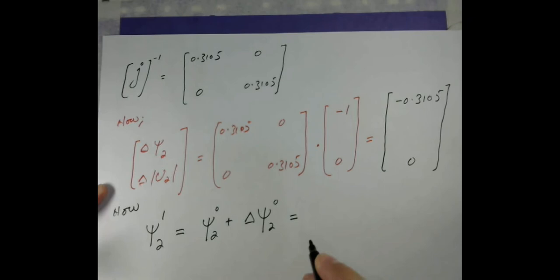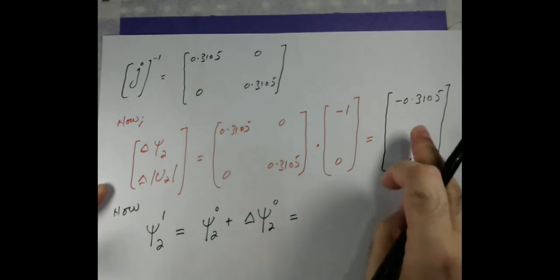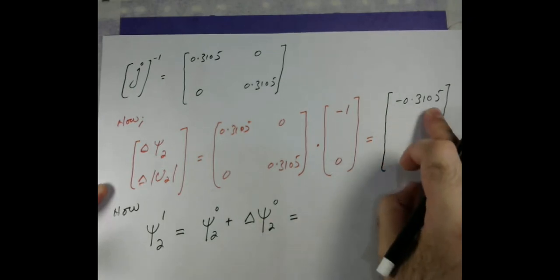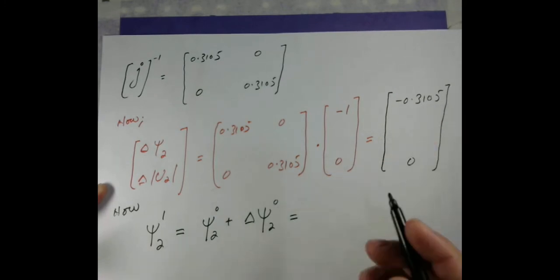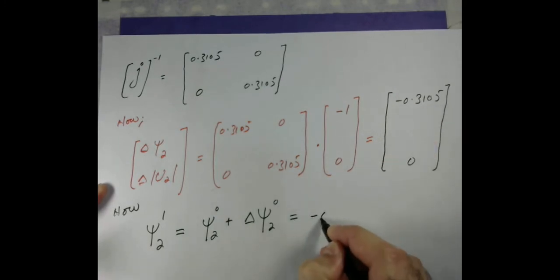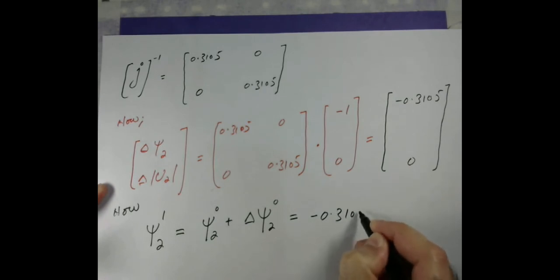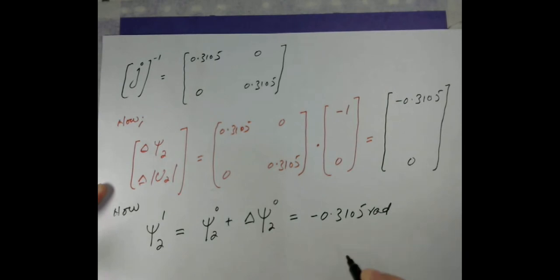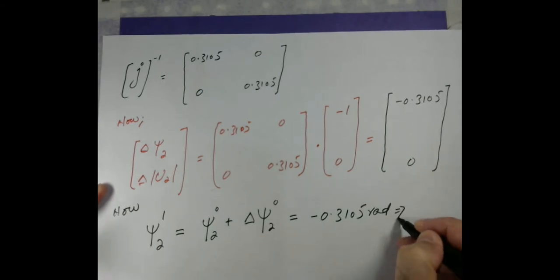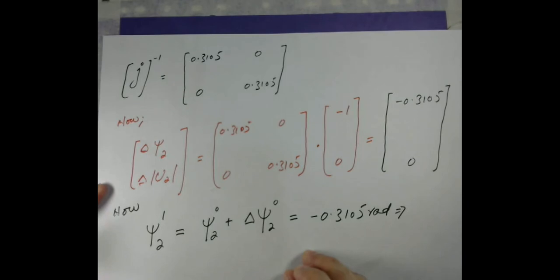This was 0 and that is minus 0.3105, so it becomes minus 0.3105. This is in radians, and if we want to convert it into degrees, one can do that as well.